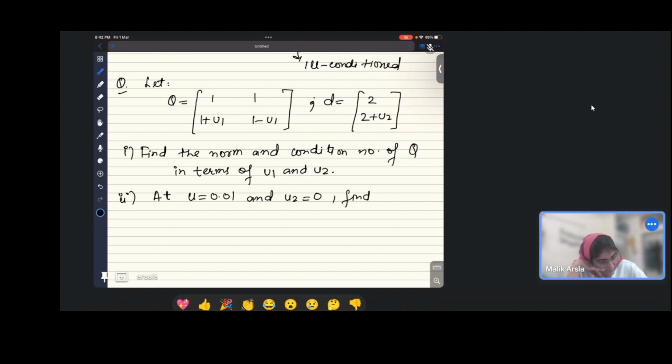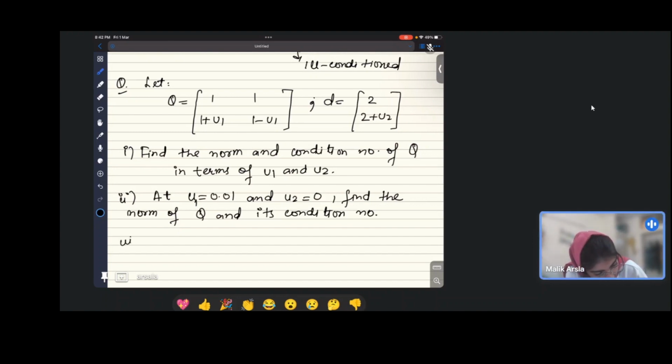Find the norm of Q and its condition number. First you have to find the norm in terms of u1 and u2, and then find the norm and condition number when u1 is given as 0.001 and u2 is given as 0.